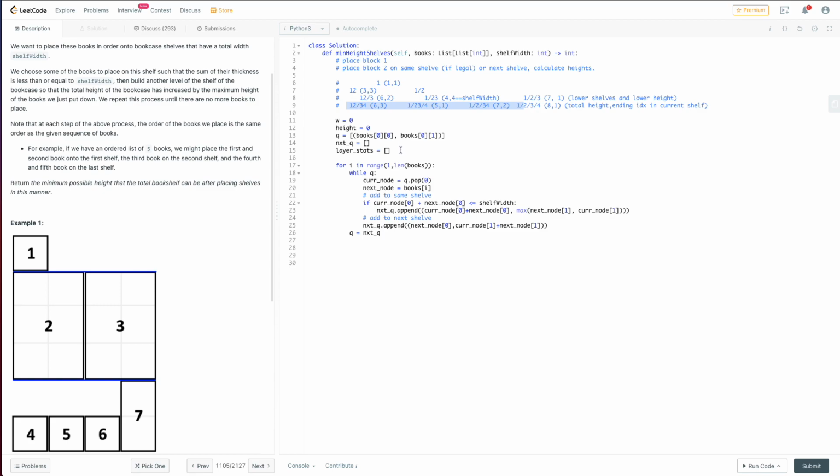suppose there's just 2 books, then 1 to 2 just says hit 1 iteration, Q just adds these 2, and then next Q would be this, but it will get reassigned to this. And then after we exit this loop, we just go ahead and examine the minimum height.